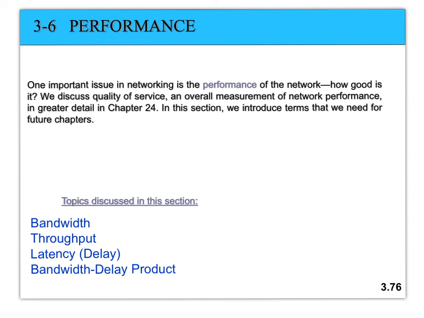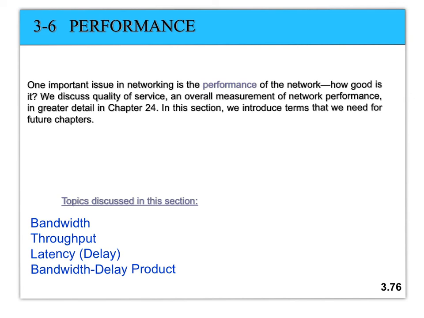For example, all of us, maybe we have plans, for example with Ooredoo, we have a plan of like 10 megabits per second. But have you ever checked the actual data rate that you get? Sometimes it's 1 megabit per second or 2 maximum. So you can never get this 10 megabits per second by any means.